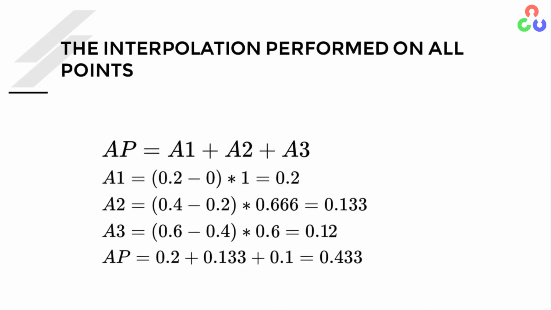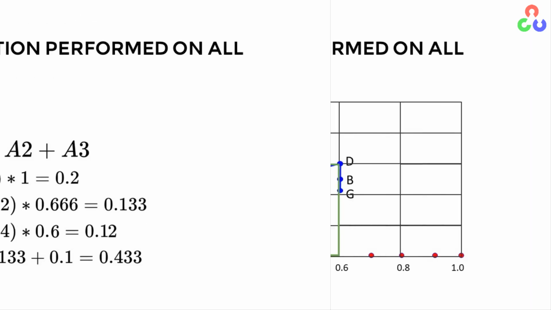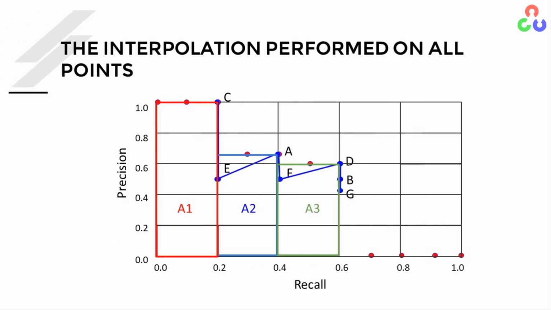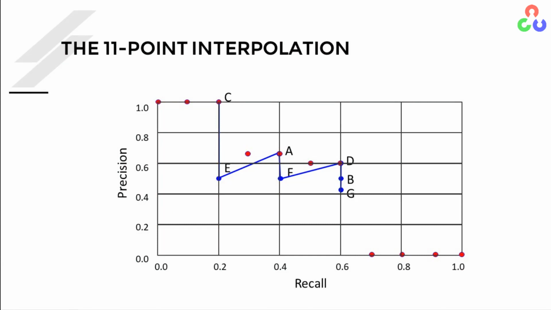By using the interpolation at all points, we can think about average precision as the area under the curve, or AUC, of the precision recall curve. Interpolation by 11 and all points provide slightly different results.